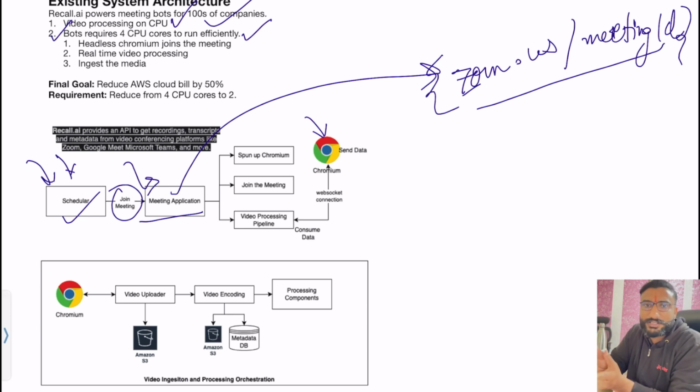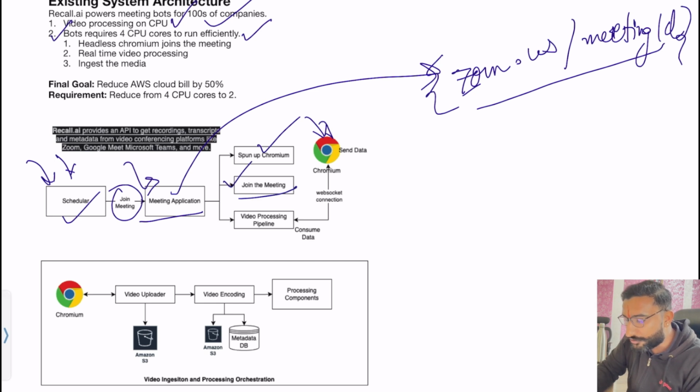So this is a similar concept here as well. You spin up Chromium, then you join the meeting. The meeting bot is much similar to a person joining a meeting on their browser. In this case, a meeting bot is joining a meeting on this Chromium browser. Great, we are cool with this.